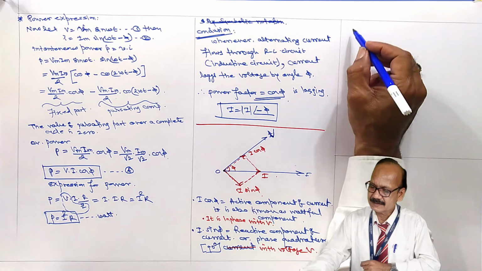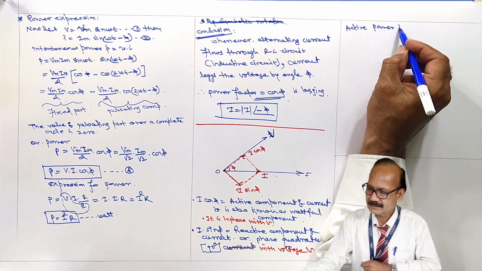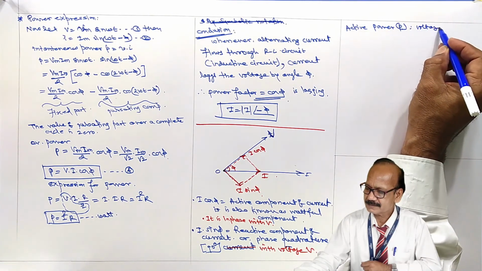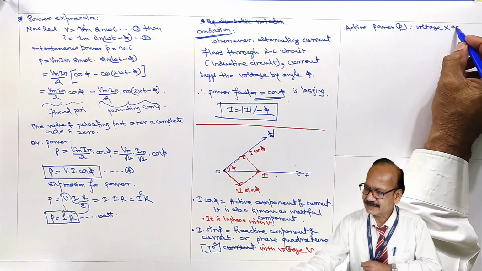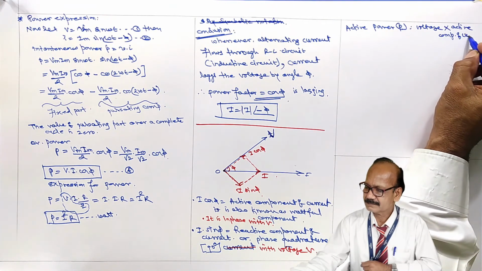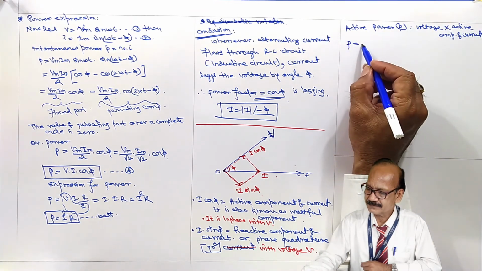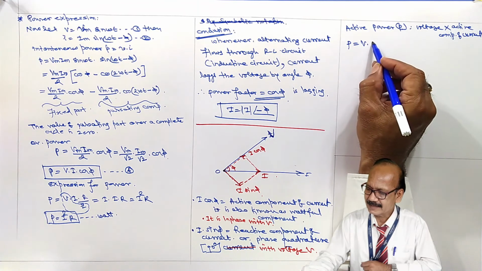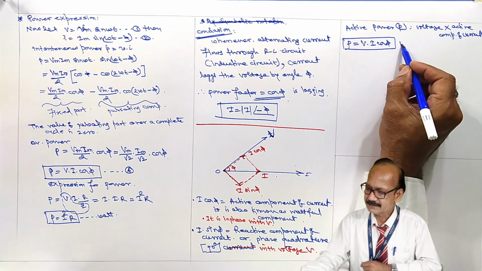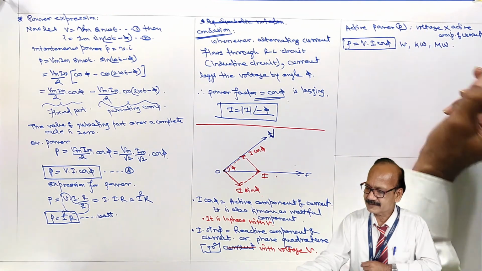Therefore, the active power capital P equal to voltage multiplied by active component of current. So P equal to V, and active component is I cos phi. Unit is watt or kilowatt or megawatt.